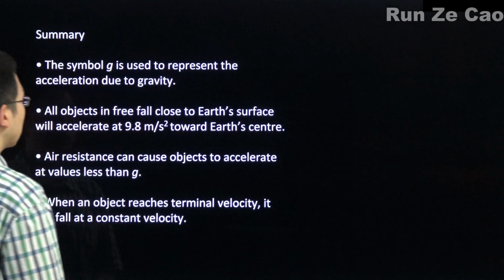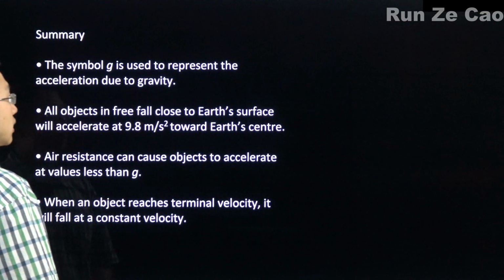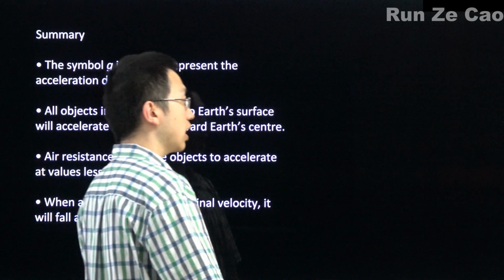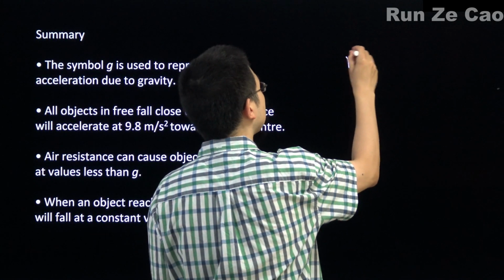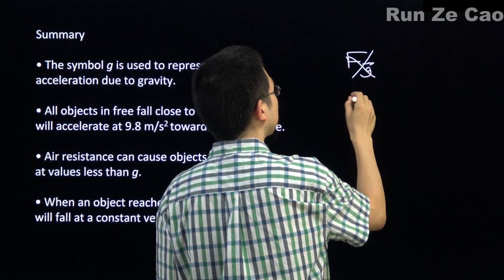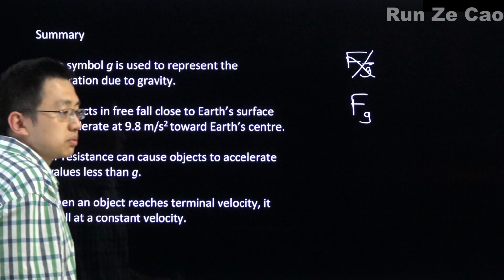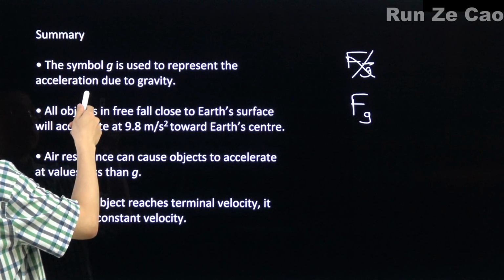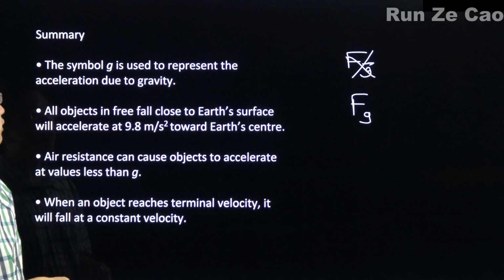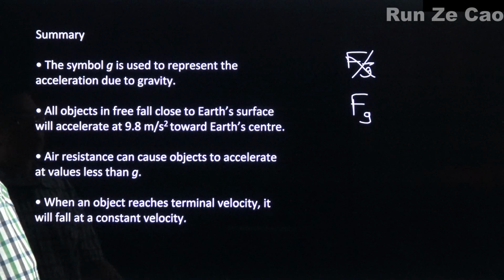And in the case where we're using gravity as a vector, as opposed to just a representation, because after all, when you say force due to gravity, you do not put a vector symbol on Fg. No, you put just Fg, usually. Which means this symbol is used to represent gravity. If we're talking about the acceleration due to gravity, we use g with the vector symbol.